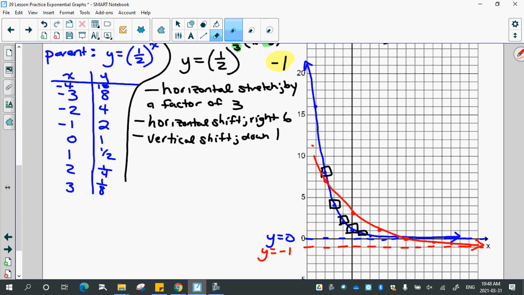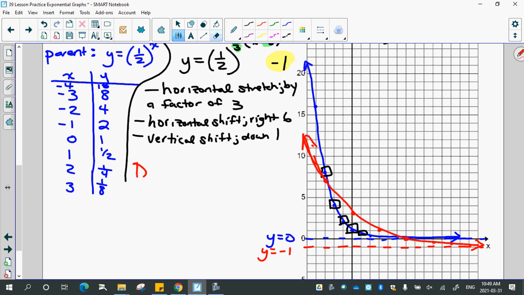Like that. There we go. Alright, and it should look like it's stretched out horizontally, which it definitely does. Shifted to the right 6 and down 1.